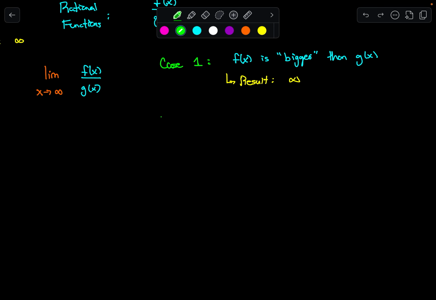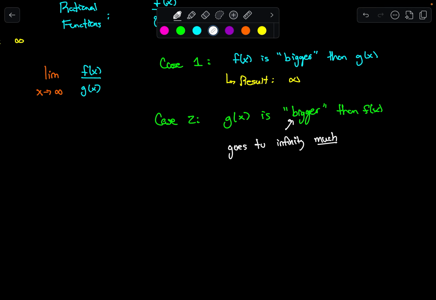Now, case two is the opposite. Case two is that g of x is quote-unquote bigger than f of x. And when I say bigger, I mean it goes to infinity much faster than f of x. It grows much faster.